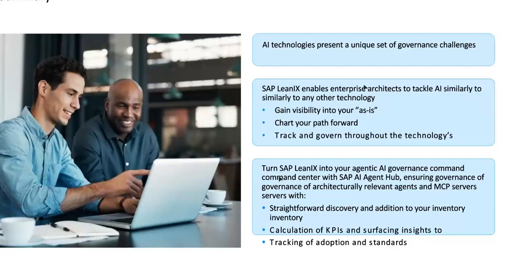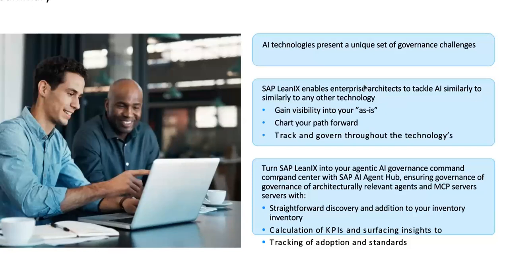As part of step one, we had to do a lot of things to complete the as-is. That is where AI Agent Hub becomes important. So basically, AI Agent Hub ensures that governance of architecturally relevant agents and MCP servers is in place. It allows you to discover the AI agents, doesn't matter who built them, and adds those agents into your inventory.